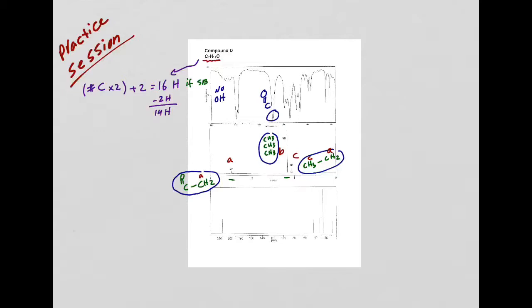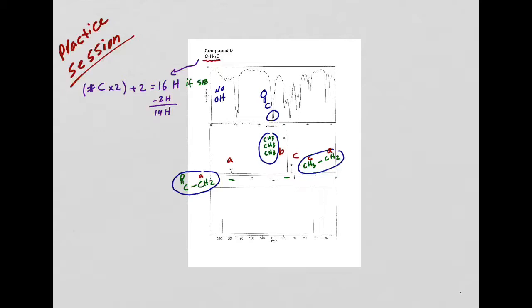But also remember that these are probably next to a carbon that has no hydrogen. So if a carbon has no hydrogen, it wouldn't show up on the proton NMR because the hydrogen is what's showing up. So how could I put this together? Well, how about this? So this is what we do know.